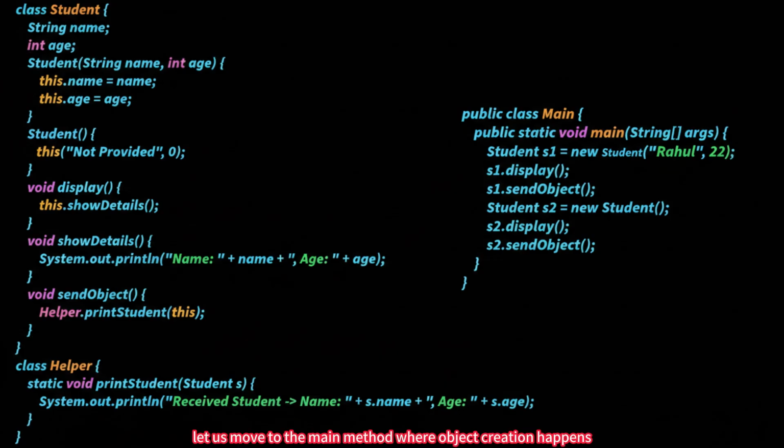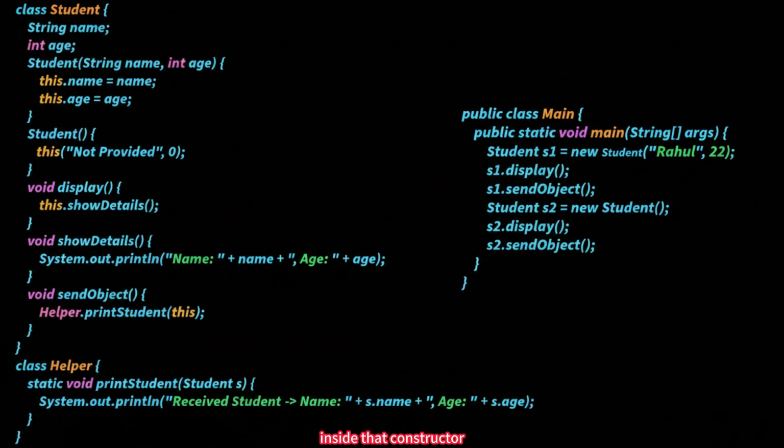Now let us move to the main method, where object creation happens. First, we create an object using Student s1 = new Student("Rahul", 22). Here, we are passing two values, so Java automatically calls the parameterized constructor.